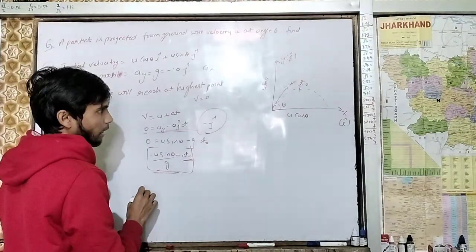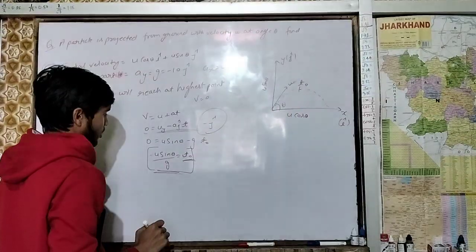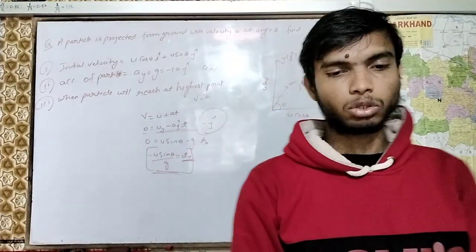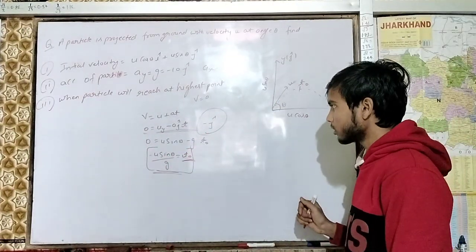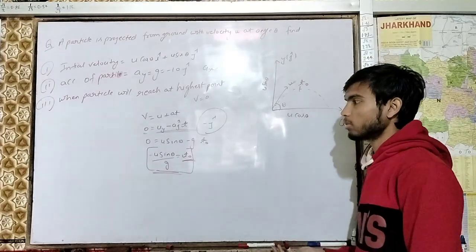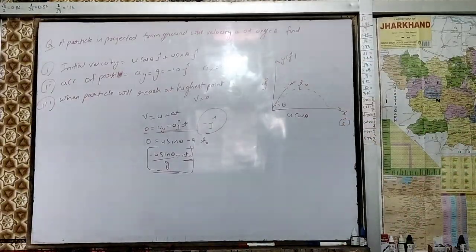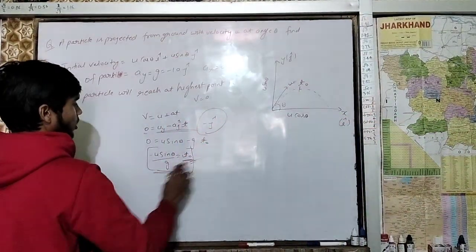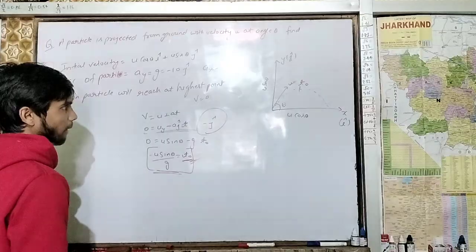This equation can be used just to calculate t naught, which is u sin theta upon g. So remember, you are calculating t naught: u sin theta upon g is equal to t naught. This was about how to calculate the time.